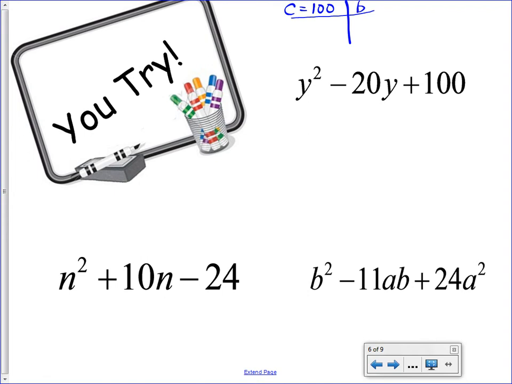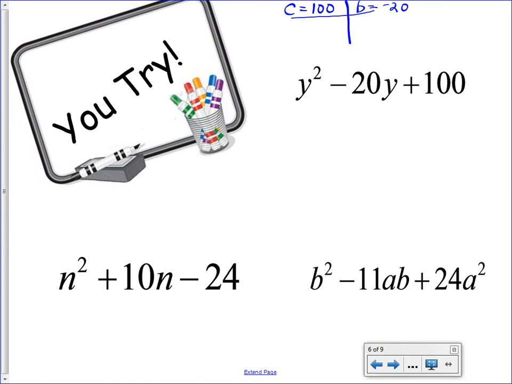B has to equal negative 20. So because it's multiplying to a positive number and adding to a negative one, right away in your head you should be saying both numbers have to be negative. In order for this to be a negative answer, both of those magic combo numbers have to be negative.